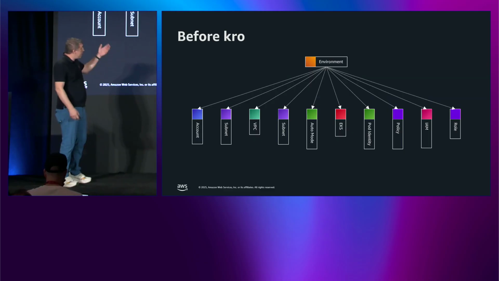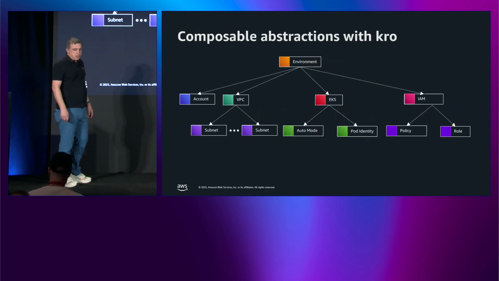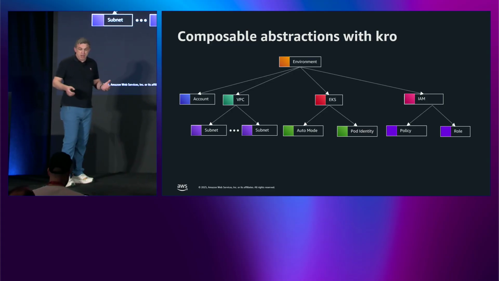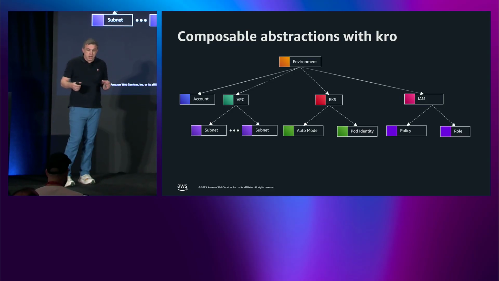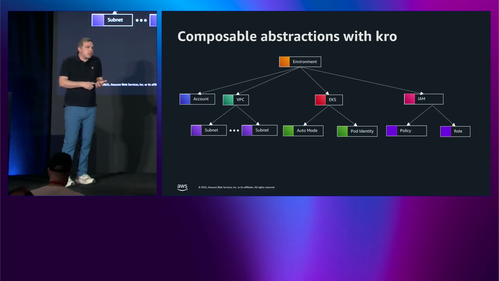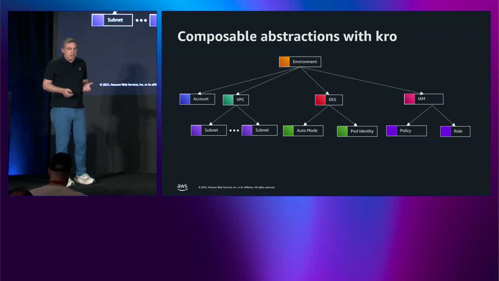So as Shani mentioned, before Crow, you have each controller standalone controlling different aspects of this, right? With Crow, we can rely on Kubernetes API management and essentially create composable abstractions and group different resources together. Kubernetes, cloud, third-party resources, you name it, any resources.